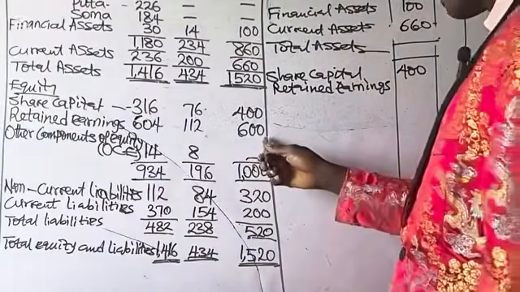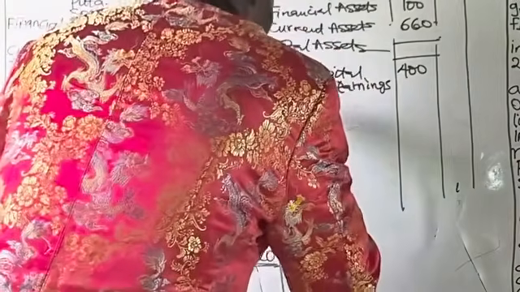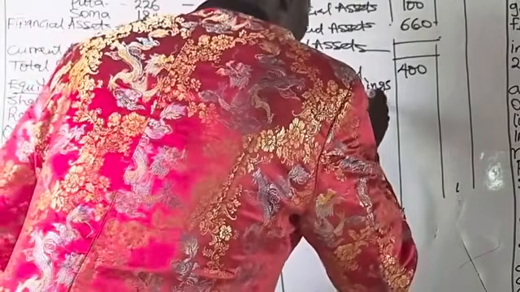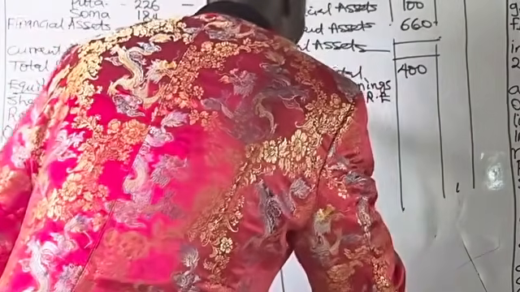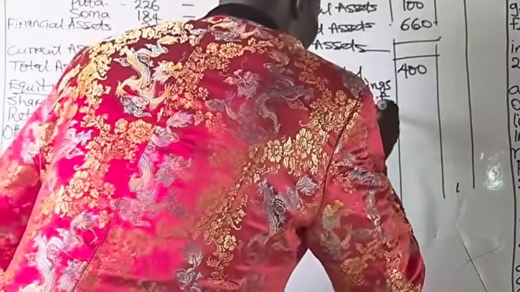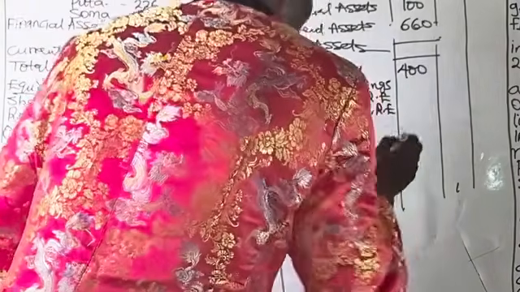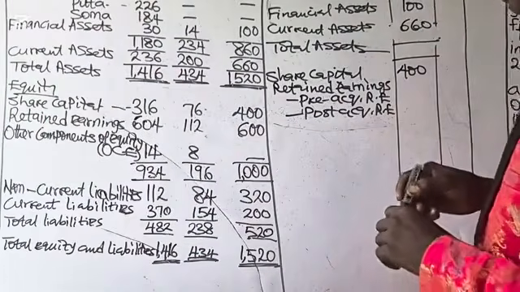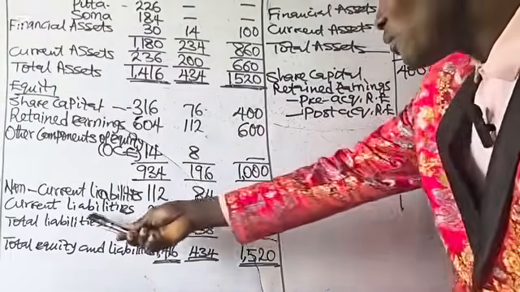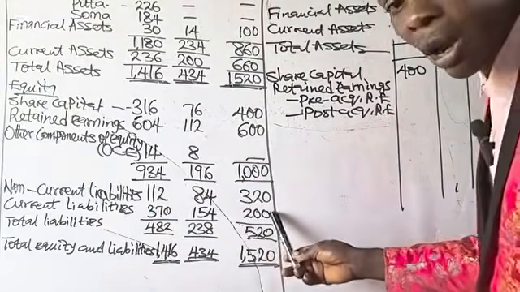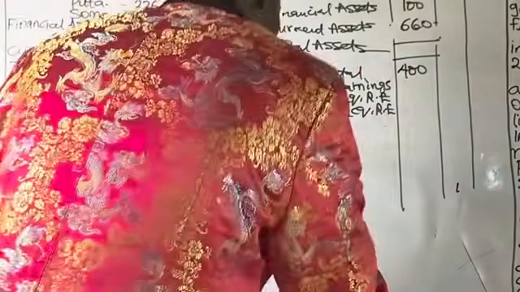And this 600 will be divided into two, the pre and post. Pre-acquisition retained earnings and post-acquisition retained earnings. So the total is 600. Then we have non-current liabilities of 320. Non-current liabilities.